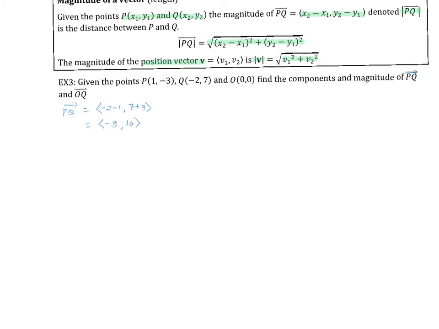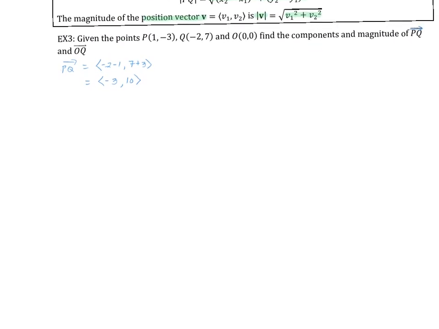So what we've done is we've taken our vector and we've written it in position form. So now to find its magnitude, I simply have to take the square root of -3 squared plus 10 squared, which would be 9 plus 100, or the square root of 109. Notice that to find the magnitude, I didn't have to write this in component form.